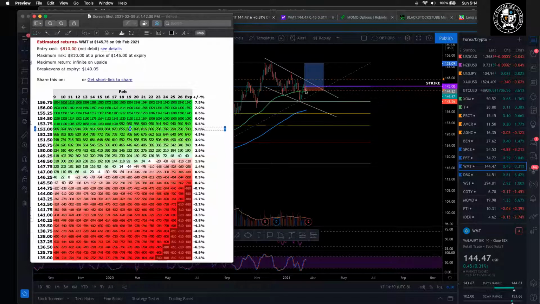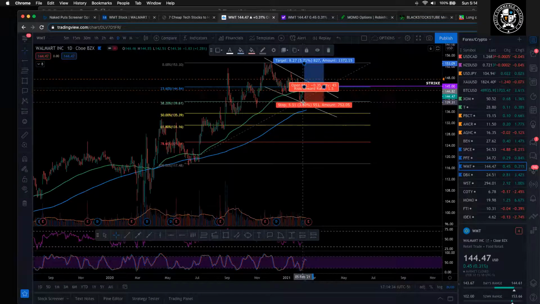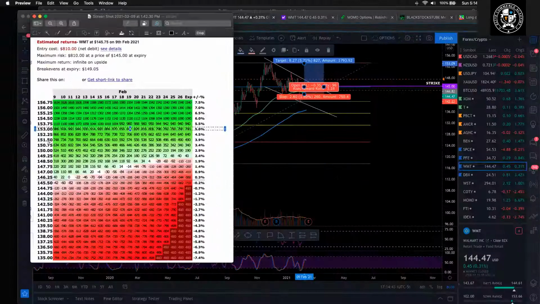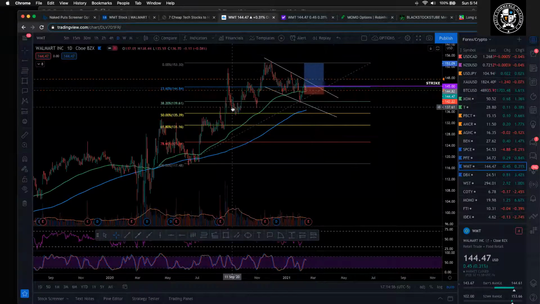And then my stop loss could even be down here around 142, which to me, I feel like that's a little bit too much for me to handle. But 142 will put you at around $502 in the negative if you hold it for that long. All right. Everybody got that?